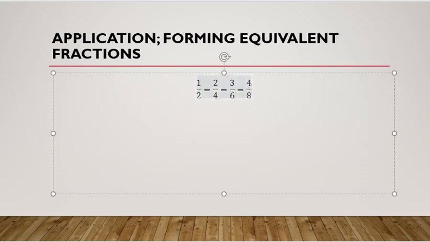We can continue this process by adding 1 to the 4 to get 5 and adding 2 to the 8 to get 10. So this process is actually infinite. You can continue the process. Let's add one last one to see.